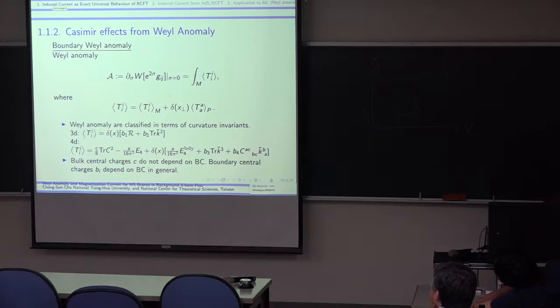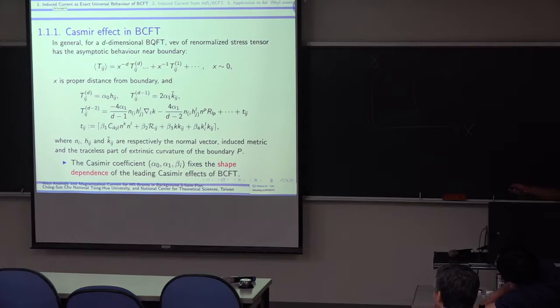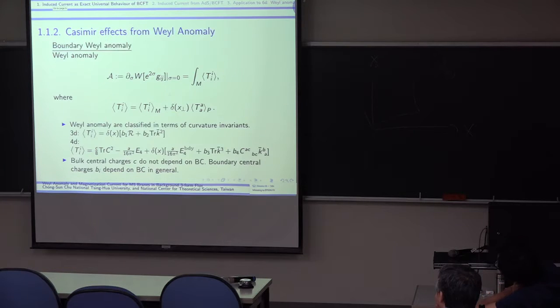Now, this is about the asymptotic form of the stress tensor. There's another interesting quantity you can construct out of the trace of the stress tensor, which is the Weyl anomaly. In the case of a boundary, the Weyl anomaly in general consists of two parts: the bulk contribution, which is the integral of an integrand constructed from geometric quantities of the bulk metric, and a boundary Weyl anomaly, which is localized only on the boundary.